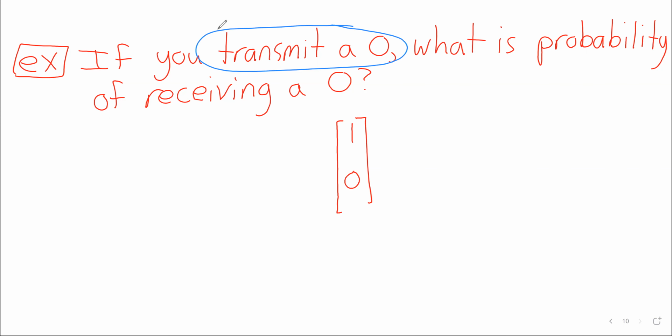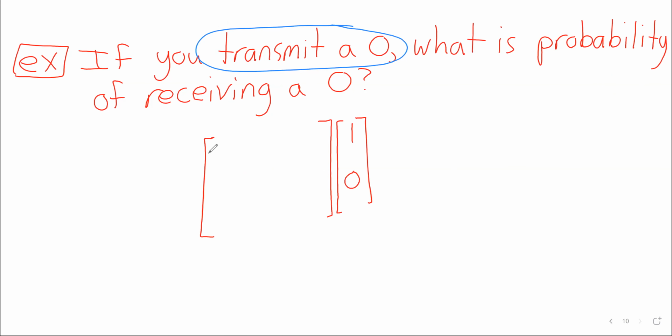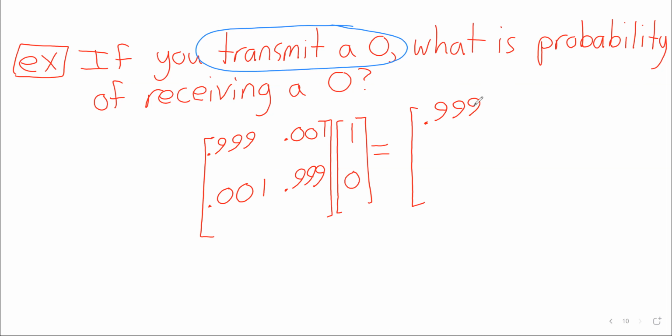So you take your initial probability distribution, you multiply by this matrix, and you get 0.999, 0.001.